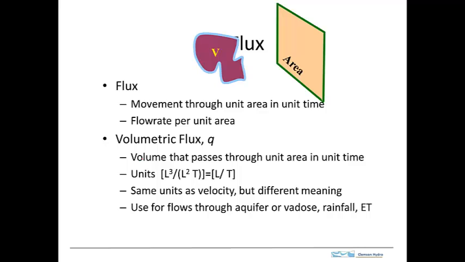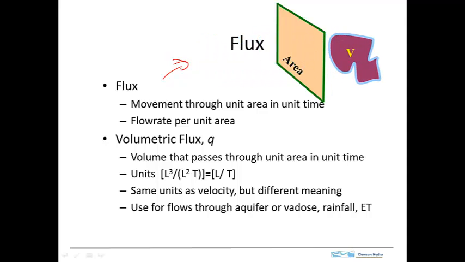So here's a little demo of flux. Here's some volume, and it's going to move through a given area. And so the volume that moves through a given area in a given time, that's the volumetric flux.